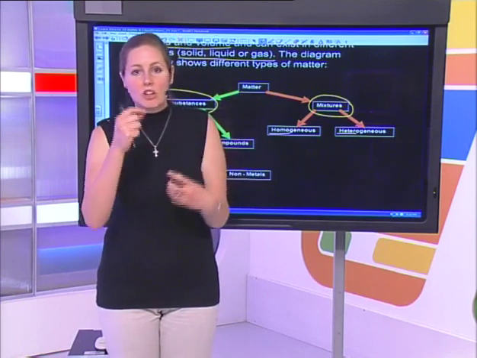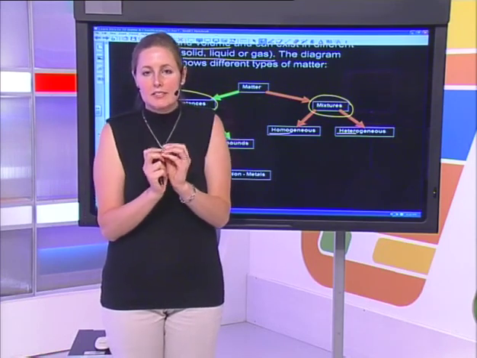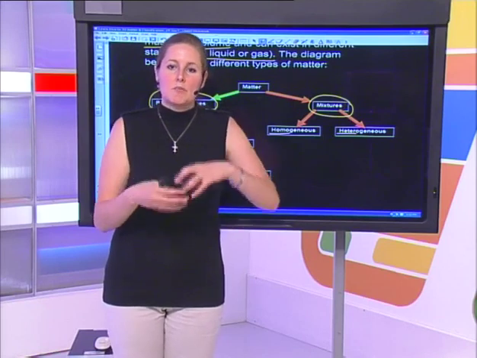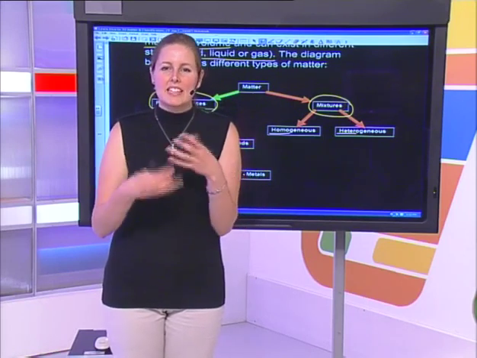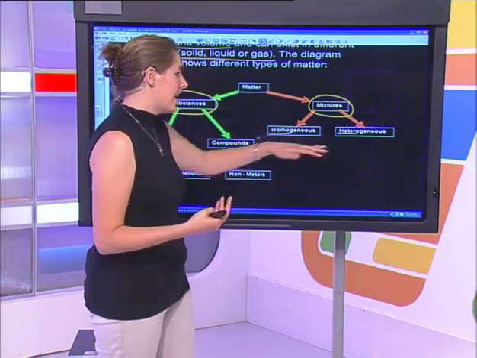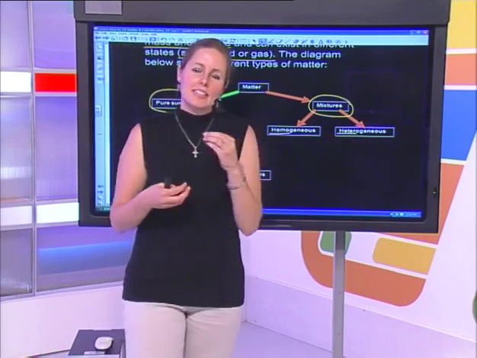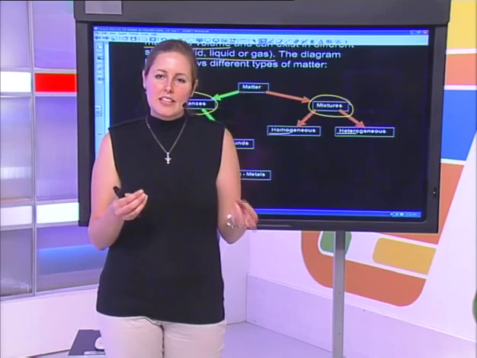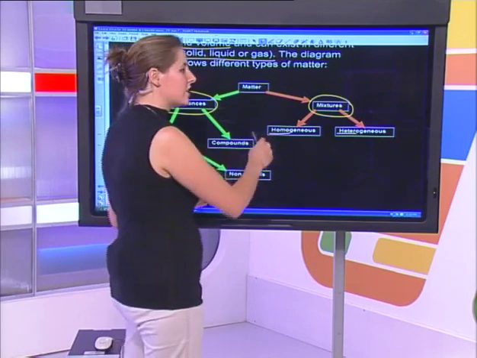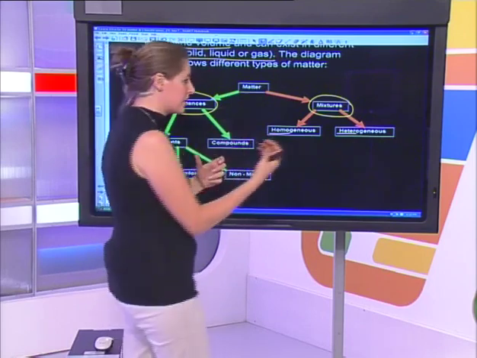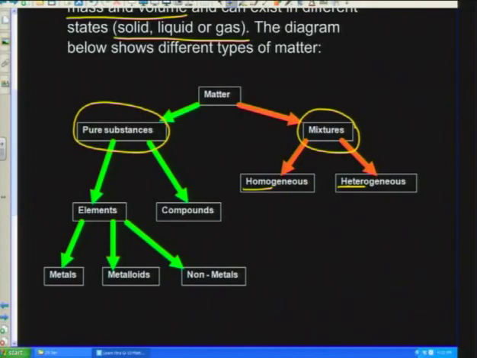You can't see the little salt particles inside that water. But you do know, because you can taste the salt water, that it's salty, that it's a mixture. Whereas a heterogeneous mixture, you can see the separate particles. And that's critically important. Very, very important distinction to make. Homogeneous, the same. Heterogeneous, different mixtures.